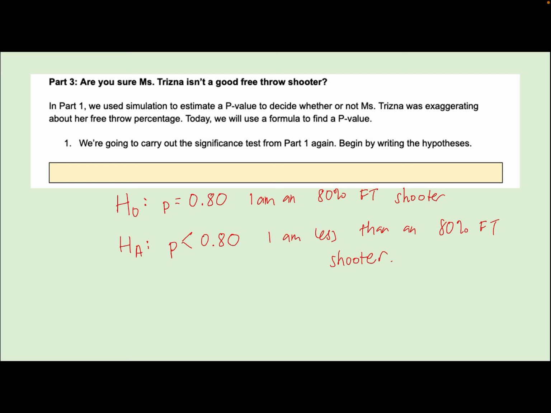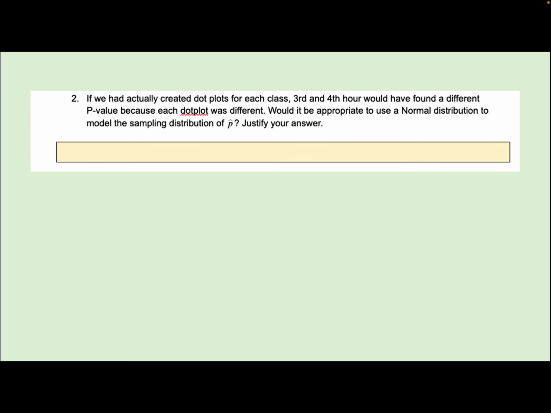All right, so for question 2, don't worry about this. Would it be appropriate to use a normal distribution to model the sampling distribution for p hat? For this, we have to check large counts. We're going to base this off of the null hypothesis, the 80%.